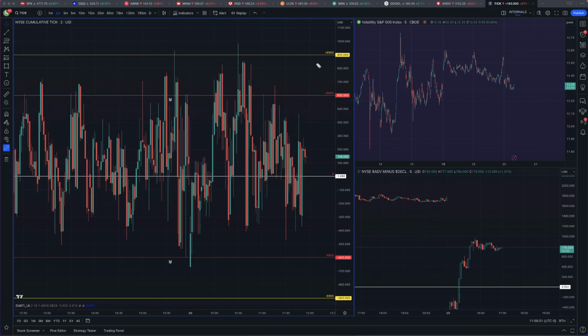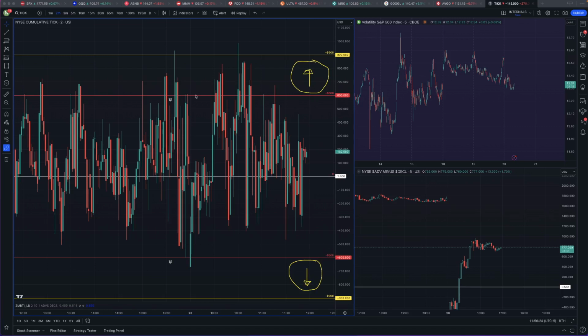Where we start seeing major market moves, or things starting to go up or down, is this plus 600 area. We'll start to see some movement up in most of the names that are market sensitive, and down if we're at negative 600.